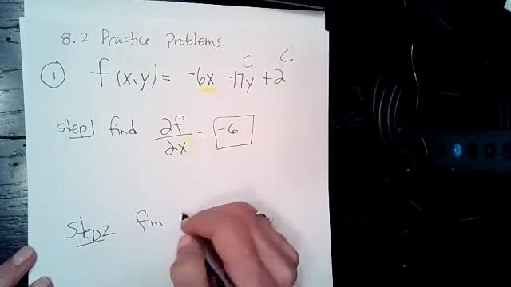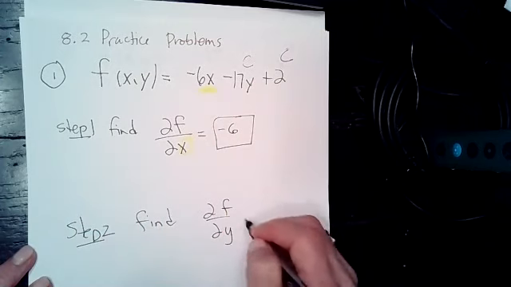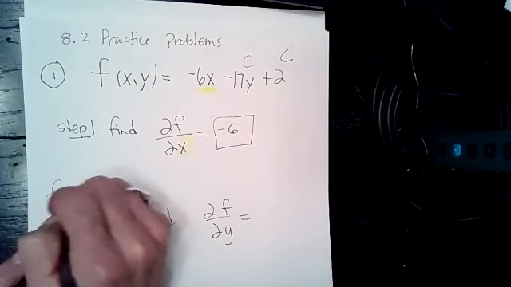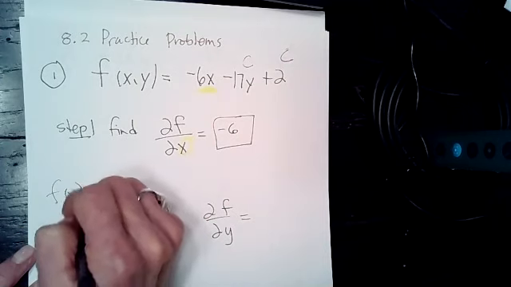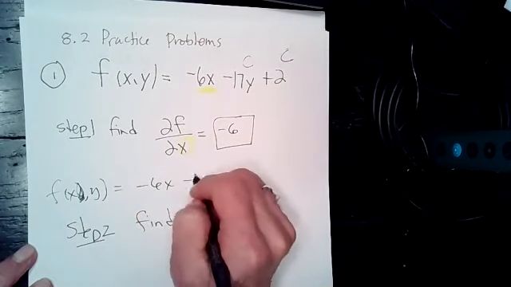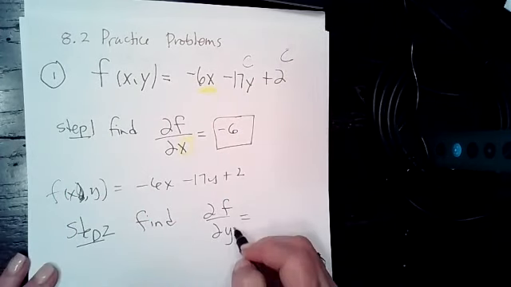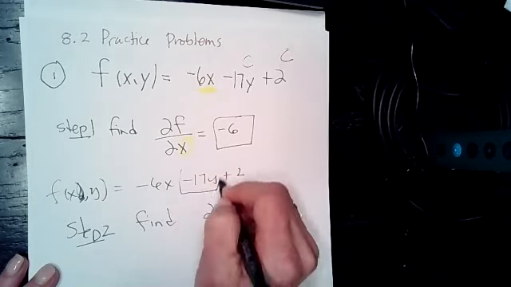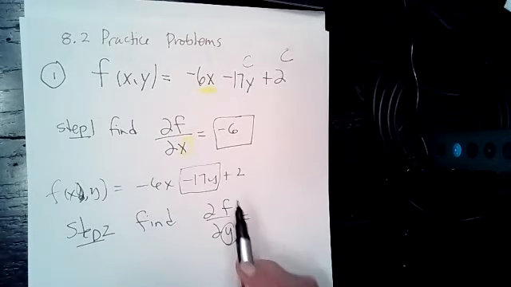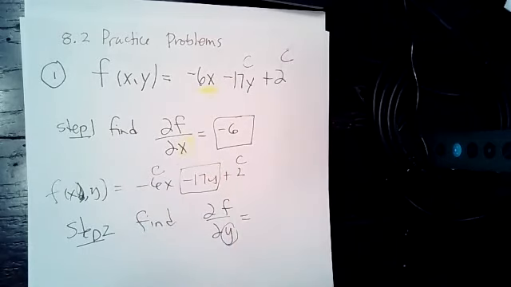Step 2, they want you to find the derivative of f with respect to y. My original function, f of xy, was negative 6x minus 17y plus 2. What I normally do, if I'm going to take the derivative with respect to y, is circle my y term and say that's my variable term. So this is a constant term, and this is a constant term.